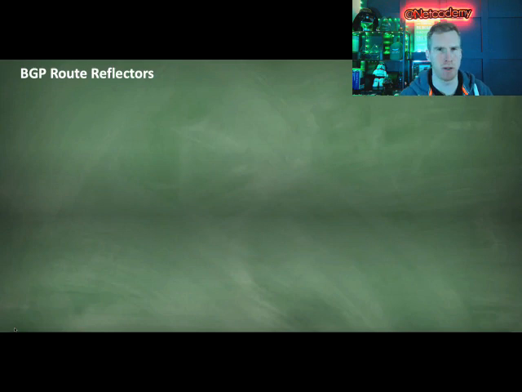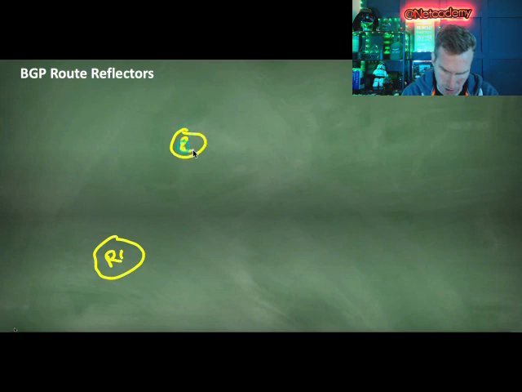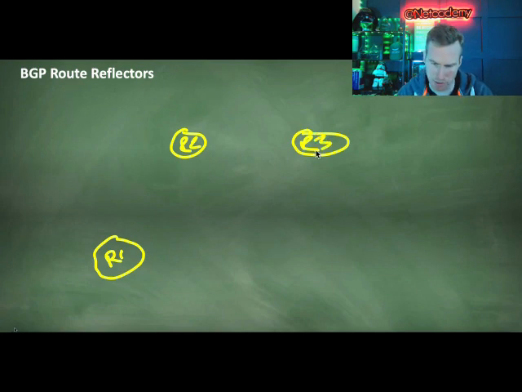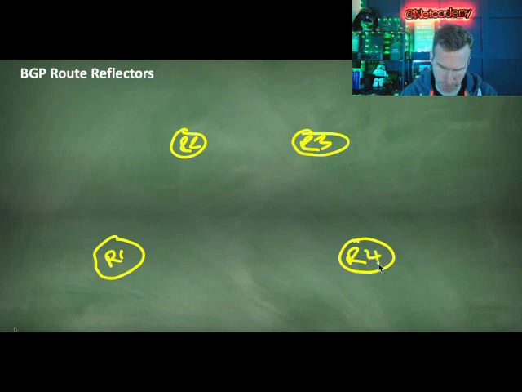I'm just going to draw a few routers. Say here we've got R1. Over here we've got R2. I'm a terrible drawer, so apologies for my lack of artistic skills. Here we've got R3, R4, and let's make it a bit more interesting and put R5 right at the top as well.